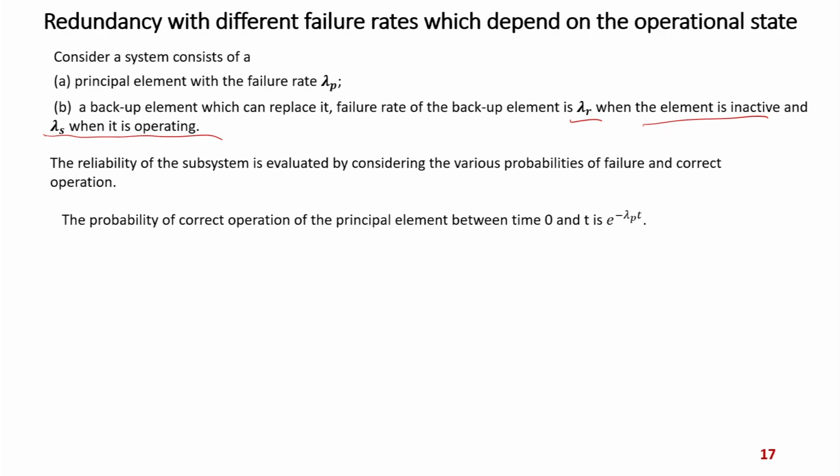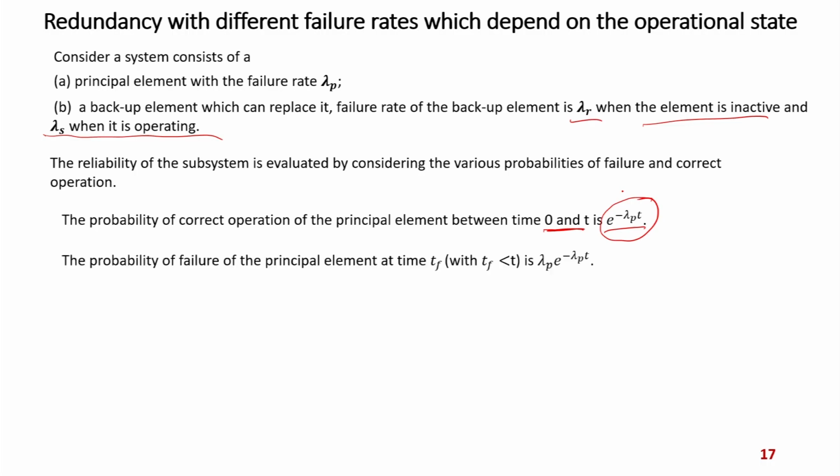So, the probability of correct operation of the principal element between 0 and t is given by this, because we already know this expression. Secondly, the probability of the failure of the principal element at time t f. Now, the Poisson distribution will come here, because we are considering time tau.